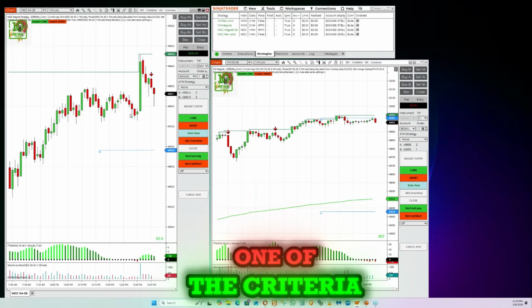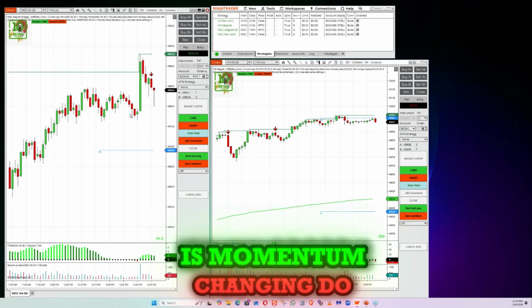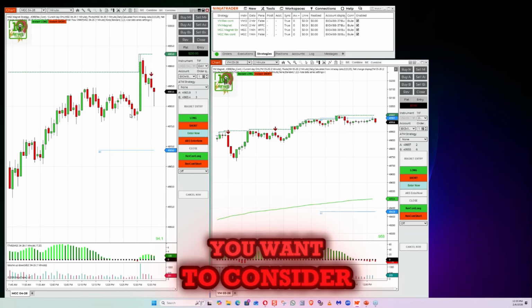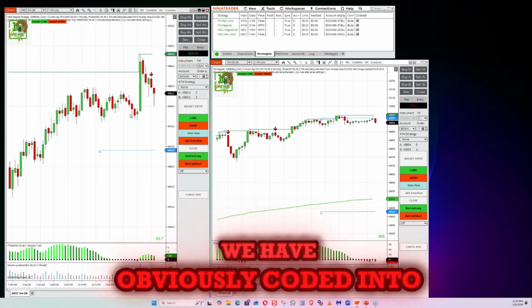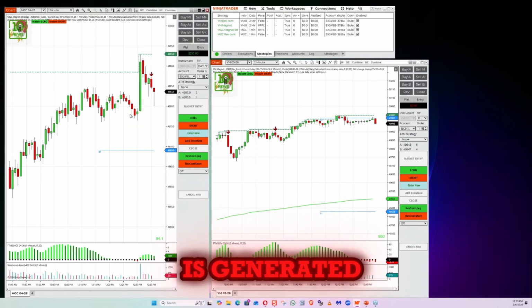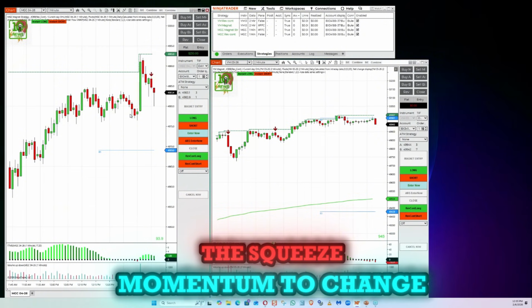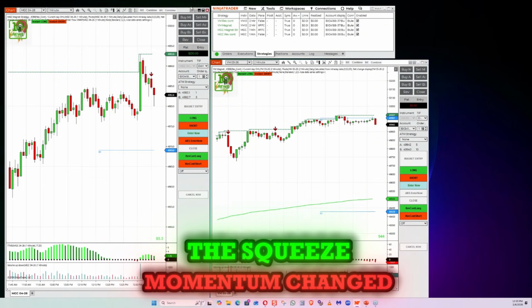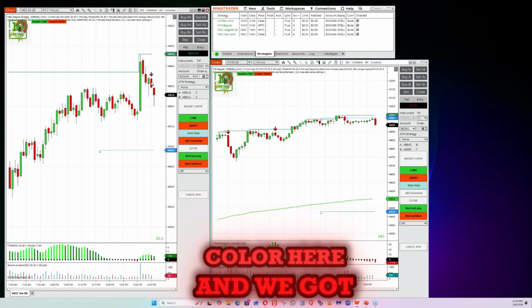One of the criteria is, did you just make new highs and lows? Is momentum changing? Do you want to consider a short? That's one criteria. And we have obviously coded into the software ways that the signal is generated. One of the things that we use is the squeeze momentum to change. The squeeze momentum changed color here, and we got a signal.